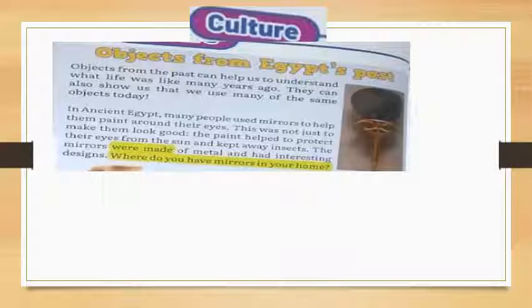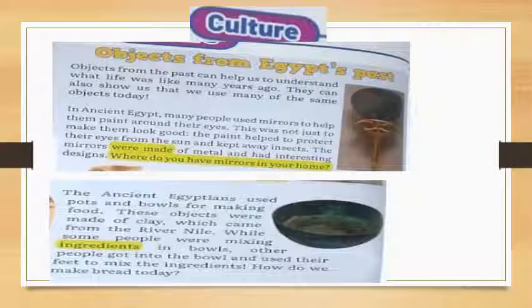Where do you have mirrors in your home? In the bathroom, in the bedroom. Another reading. The ancient Egyptians used pots and bowls for making food. These objects were made of clay, which came from the river Nile.